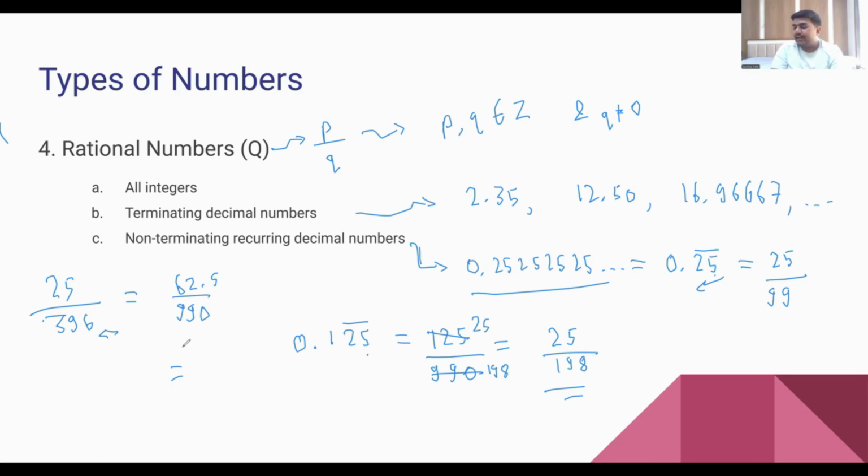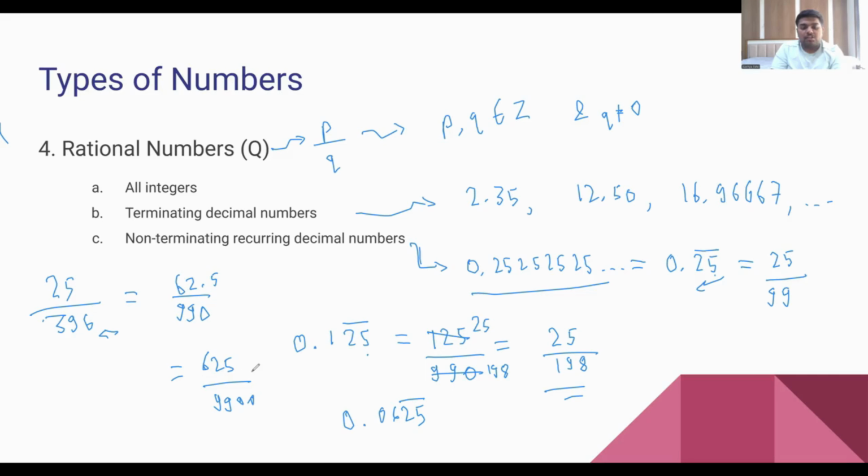Now we can write it down as 62.5, which can be further written as 625 divided by 9900. So you could have said that the number is 0.0625 with a bar on 25.